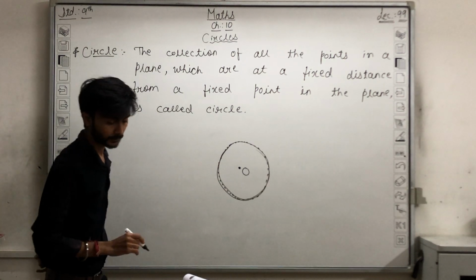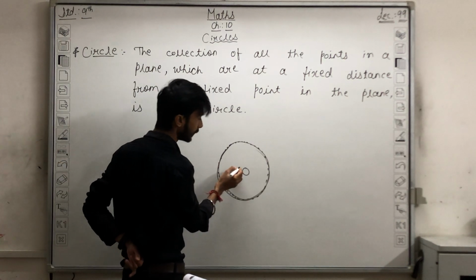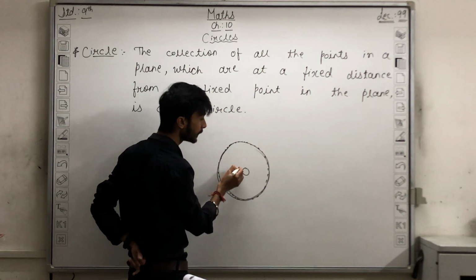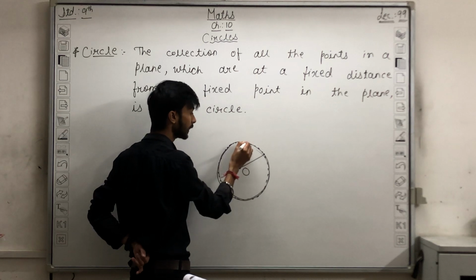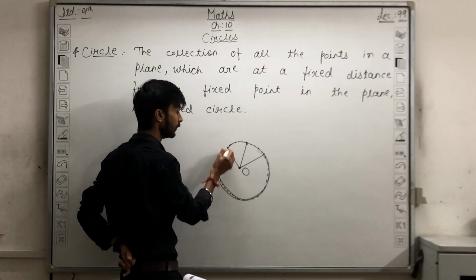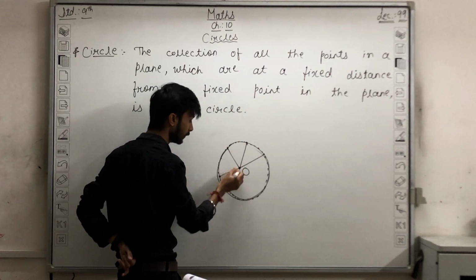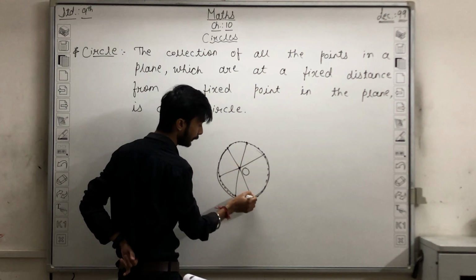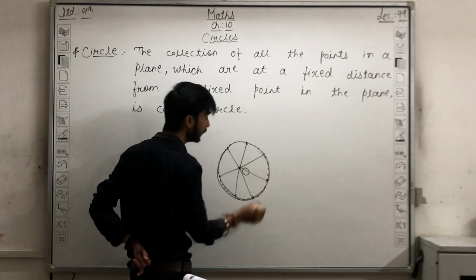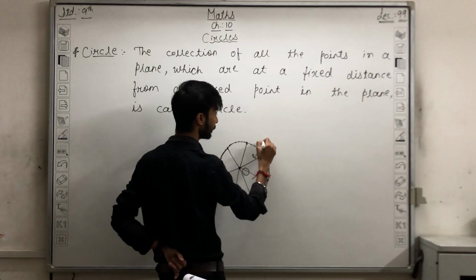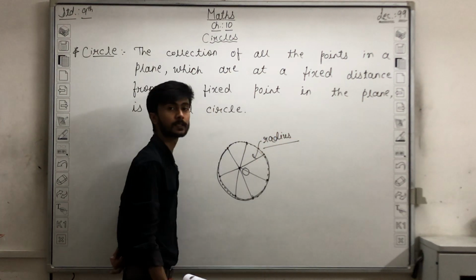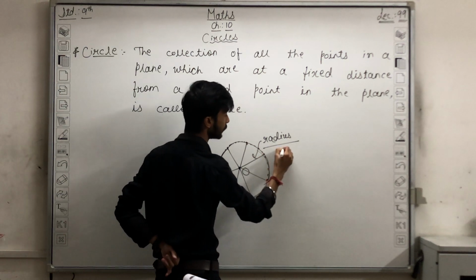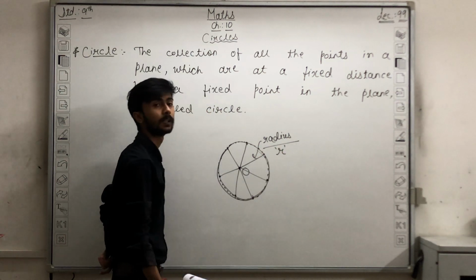Okay, that means the distance from the center to any point of the circle is equal at every point, and it's called the radius of a circle, which is denoted by small r.